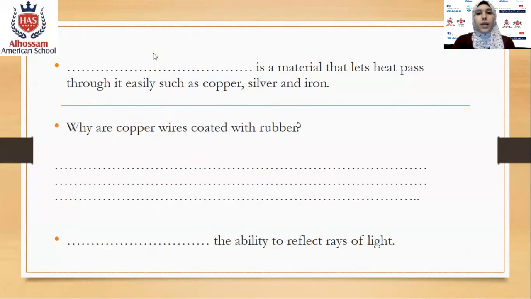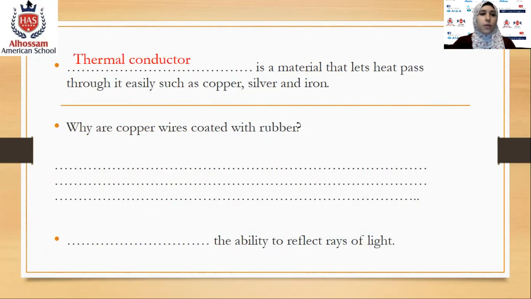What is a material that lets heat pass through it easily? Ritaj. Thermal conductor. Thank you so much, Ritaj.